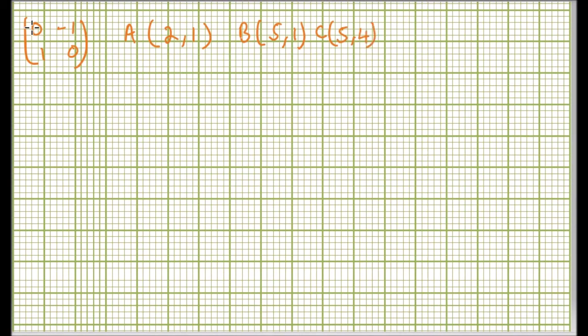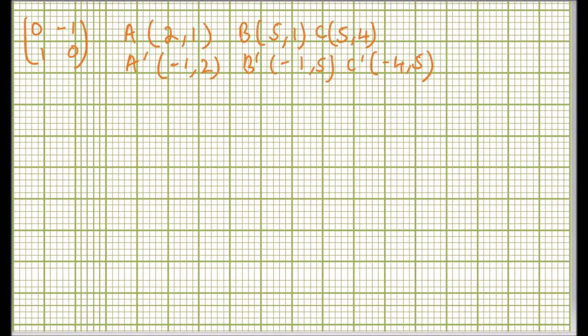After we multiplied the matrix formed by the vertices or position vectors of the triangle, we got the image of A, which is (-1, 2). We have B', which is (-1, 5), and C', which is (-4, 5). So we are going to plot these two triangles and see what they look like.